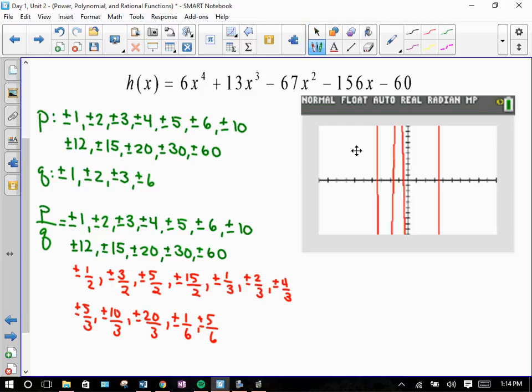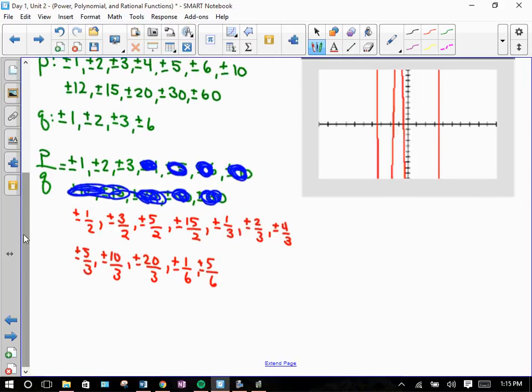So, by looking at this graph, I can sort of eliminate some of the things. I know plus or minus 6 is not going to be 1. Some of these could be possible, but we actually know it's none of these, because none of those fall on the exact one.